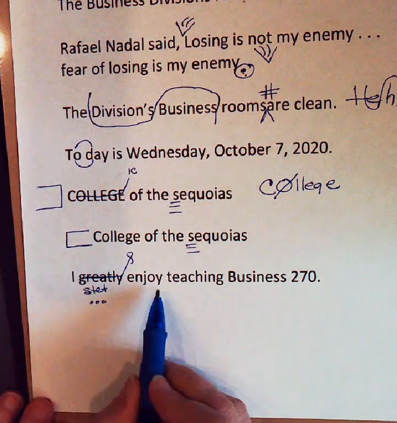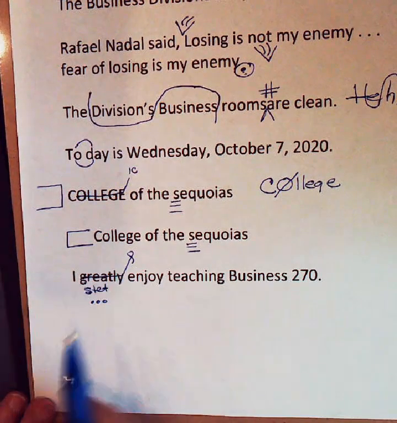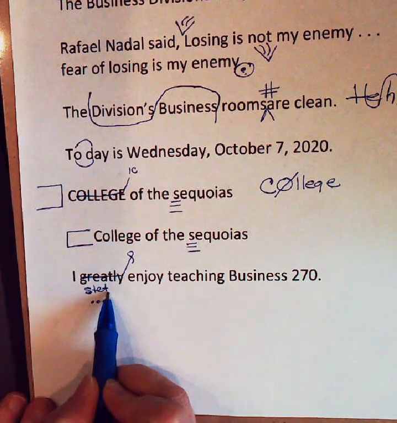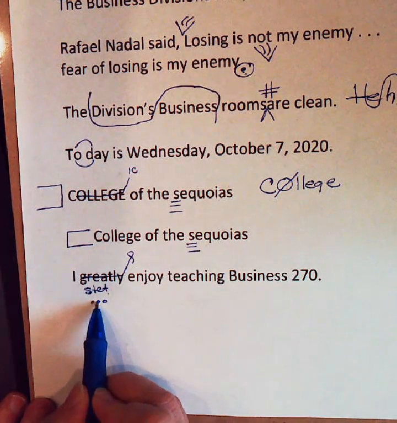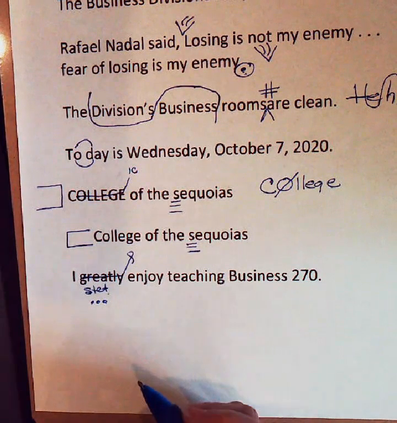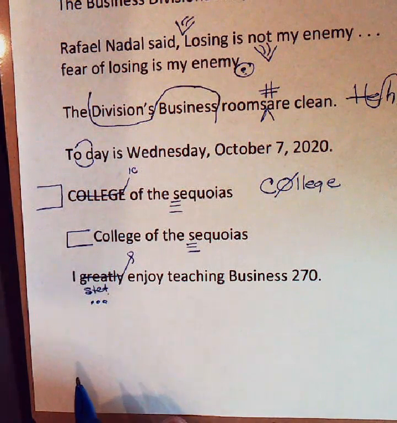I greatly enjoy teaching Business 270. The greatly was deleted, but then I wrote stet. Or you can put 3 dots. That means to leave it the way it was originally. So that would mean don't delete greatly, keep it.